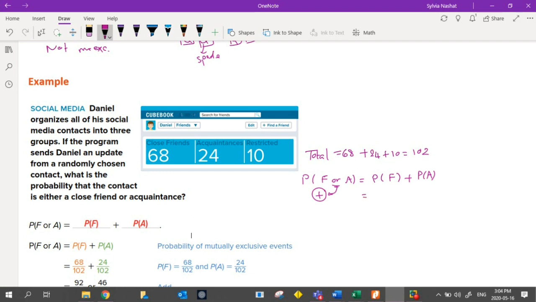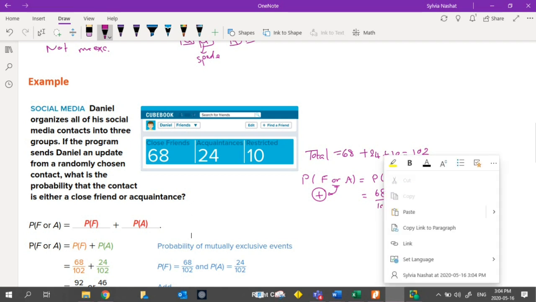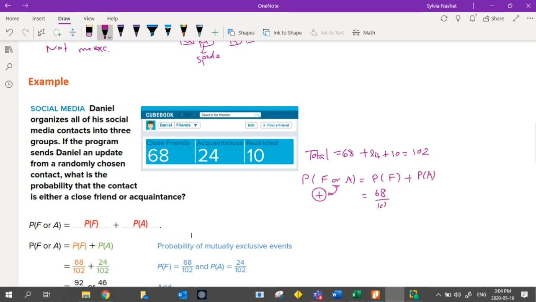The probability of a close friend is 68 over 102, plus the probability of an acquaintance, 24 over 102 as well. So the answer will be 92 over 102, and when we simplify, it will be 46 over 51.